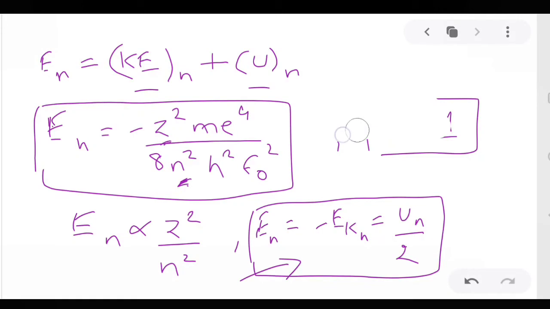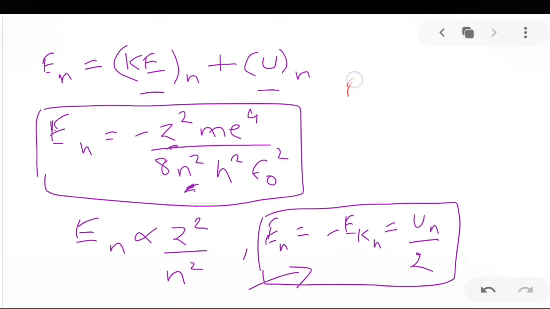Now, as I told you, except for Z and n, the other terms are constant. So if you substitute the values, replacing all these constants with their numerical values, you will get the energy En equal to minus 13.6 Z square divided by n square electron volt.